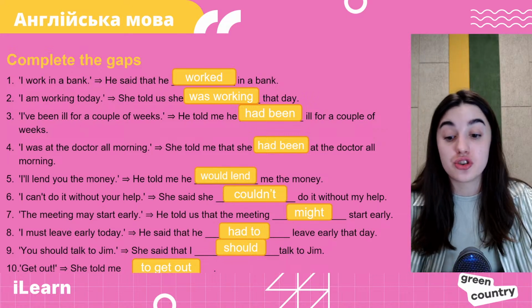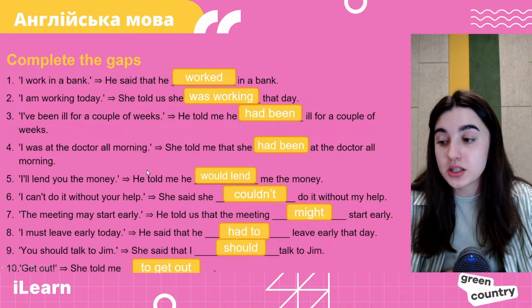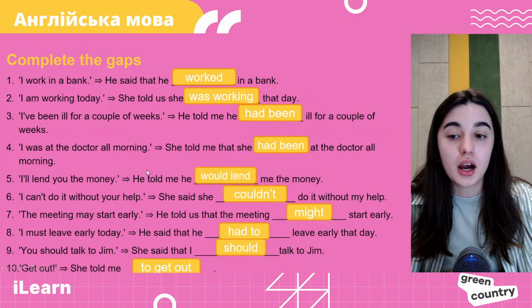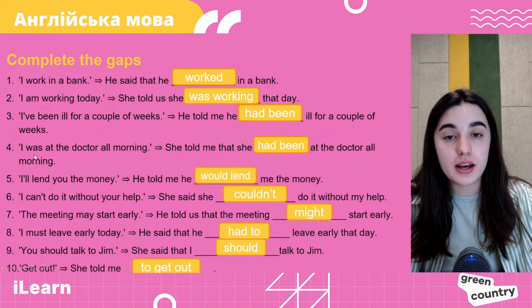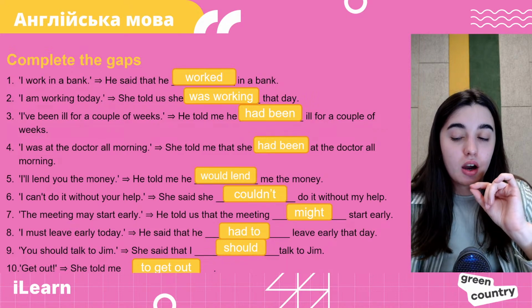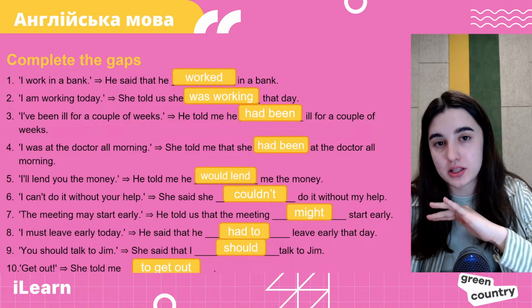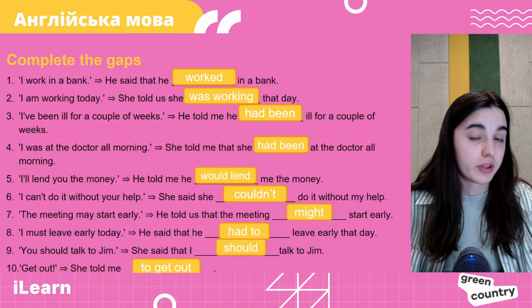We don't need to change anything there. Okay, so as you can see, it's quite easy, but pay your attention, especially when you are working with past simple into past perfect, or past continuous into past perfect continuous.